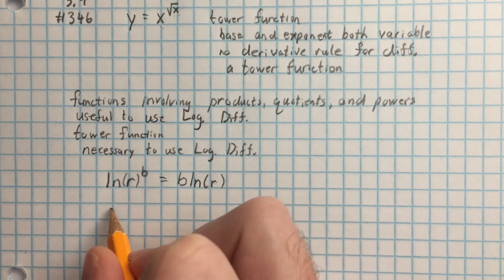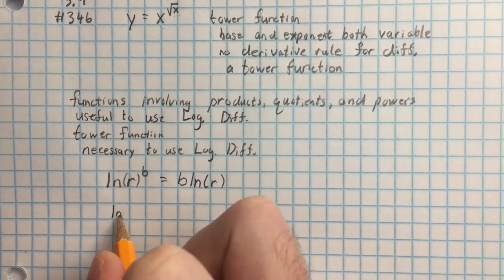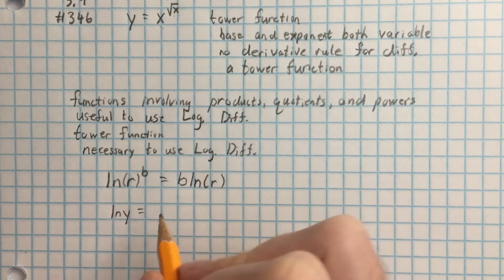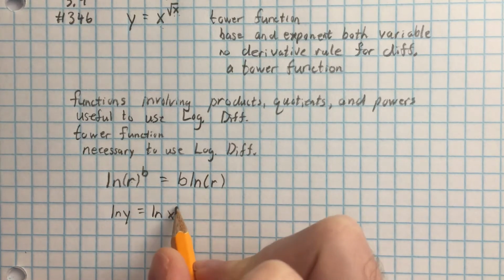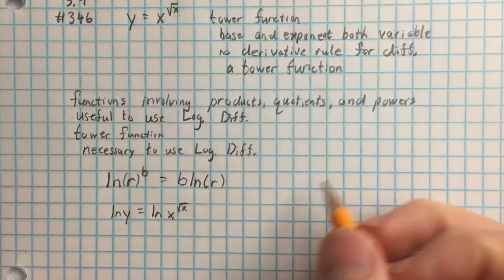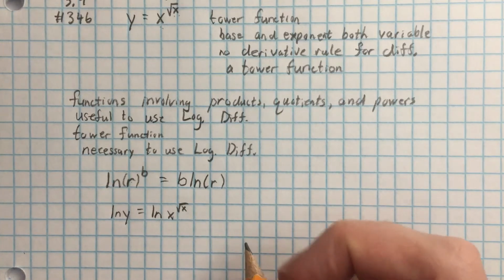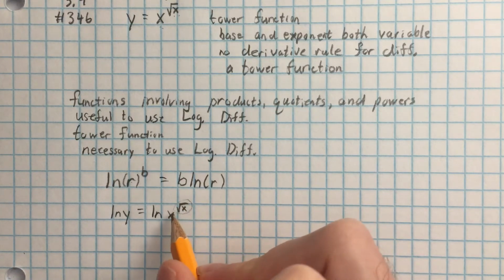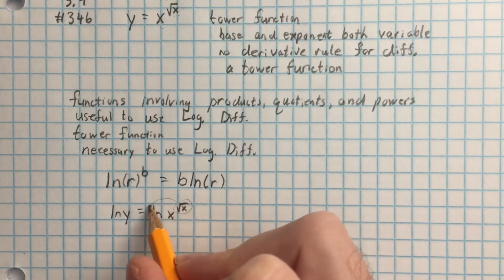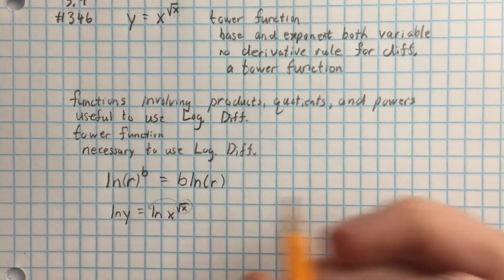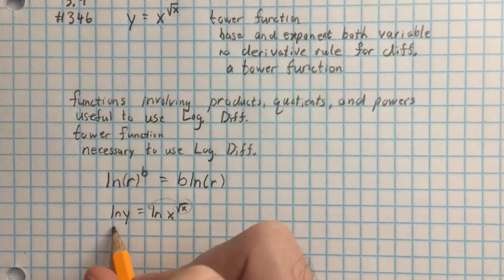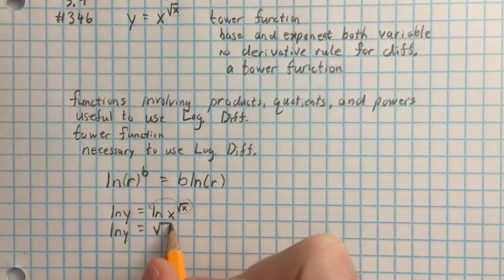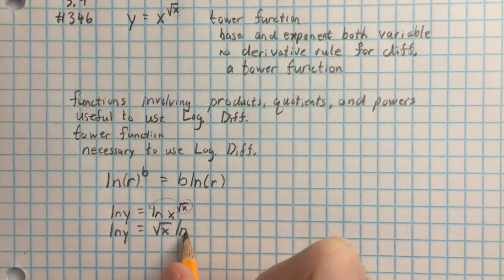So if I apply the logarithm to both sides, then I can now use the property of logarithms to remove this power that's on the argument down as a coefficient on the logarithm. So this will now read as ln y equals root x ln x.